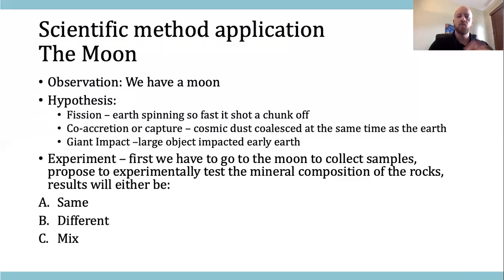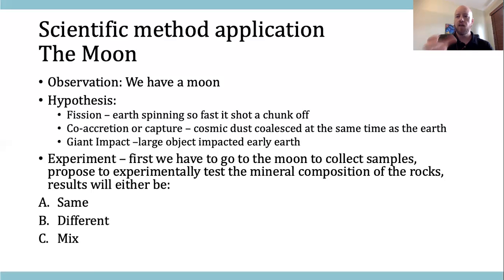So we have to create experiments. We had to go to the moon and collect samples. The experiment that was derived was we could test the mineral content of the moon and compare it to the mineral content of the Earth, in the Earth's core or crust. If these two things are the same, then we would say that by and large, if it was identical enough, it could be said that maybe the Earth was spinning so fast that some piece of it came out.